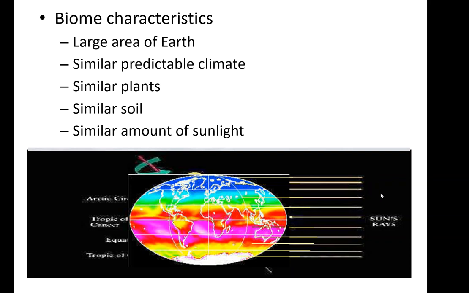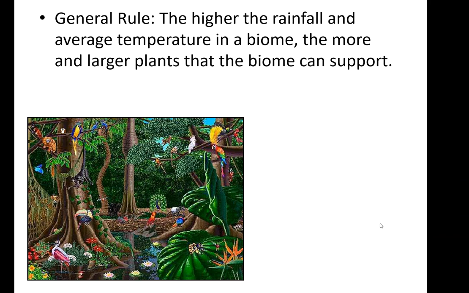You'll notice from our visuals here that determining where you are on the Earth's surface is how much sun rays shine upon a biome. Now, there's a general rule for our biomes, and that is that the higher rainfall we have and the higher the average temperature in a biome is, the larger the plants that the biome can support.